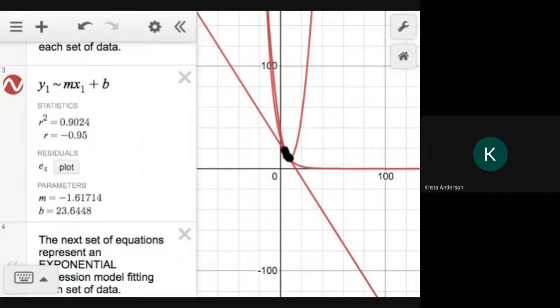Okay, so that is all of the data I'm pulling, and I'm only pulling it from the linear. I'm going to move this over out of the way.